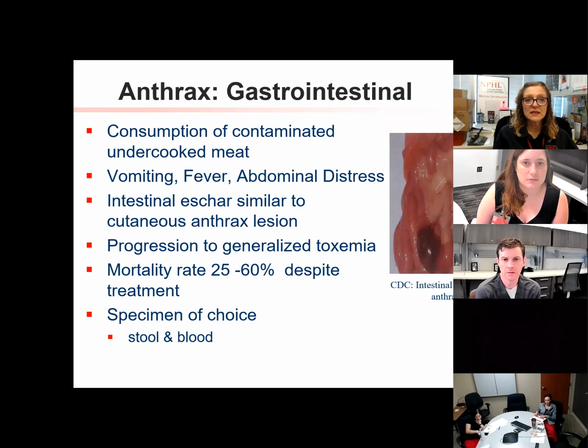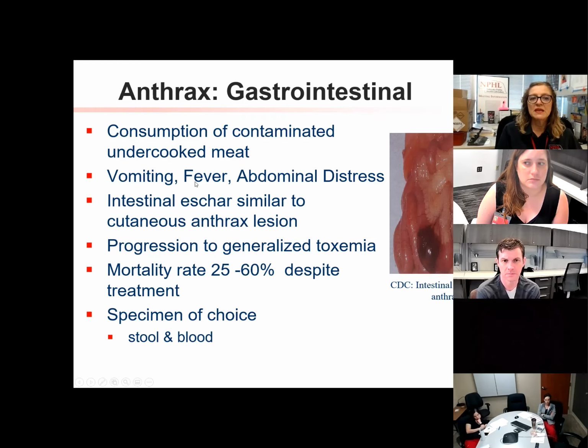Now, the second form is the gastrointestinal disease, where they somehow have consumed the spore. It could have been through contaminated food or contaminated water, and what's going to happen is an intestinal eschar, similar to that cutaneous anthrax lesion, but it's going to be indwelling in their intestinal tract. It's going to be nasty.